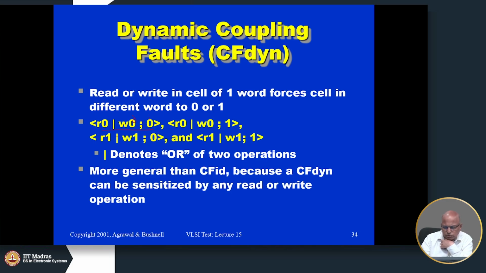So, if I is 0 and we are writing a 0 or reading a 0 from J, right, it forces this I to 1.